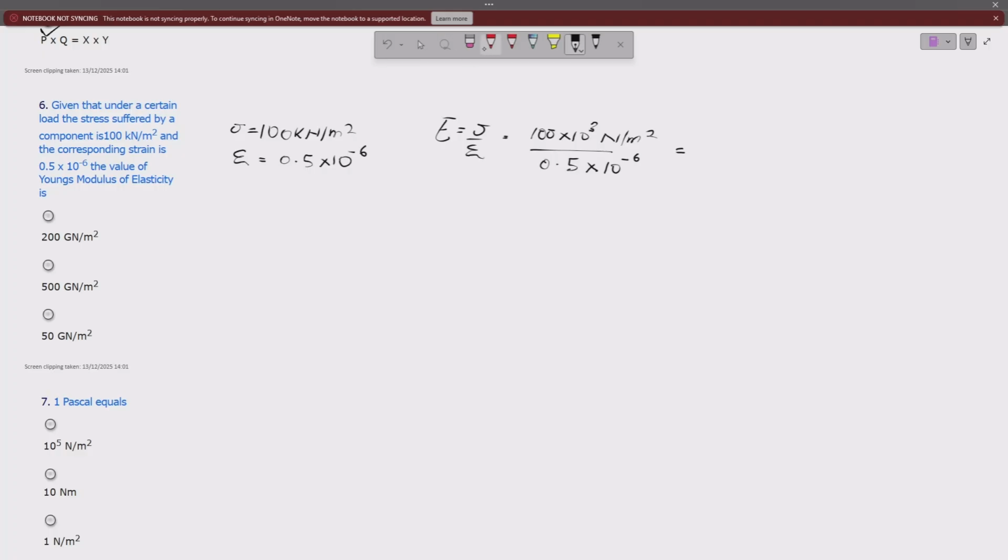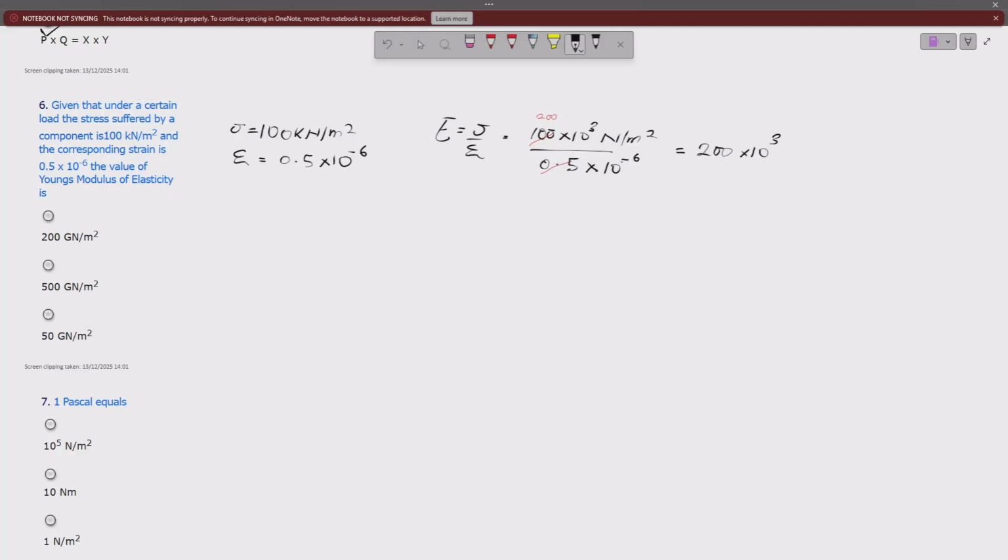Right, so here we can cross divide certain values out. So 100 divided by 0.5 would be 200. So moving forward, we're going to get 200 times 10 to the power 3.